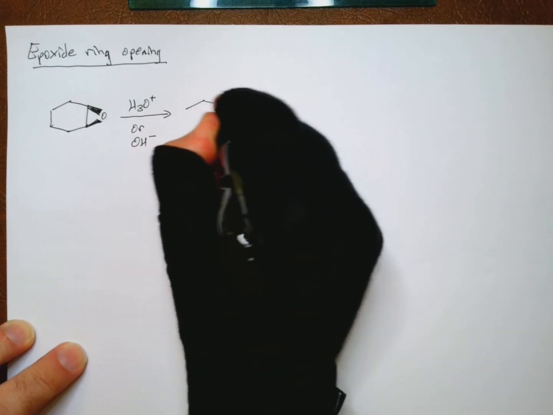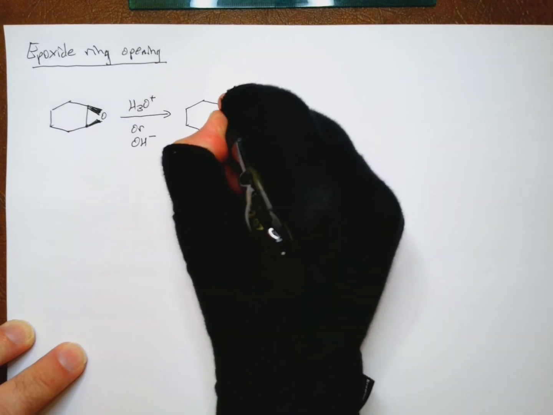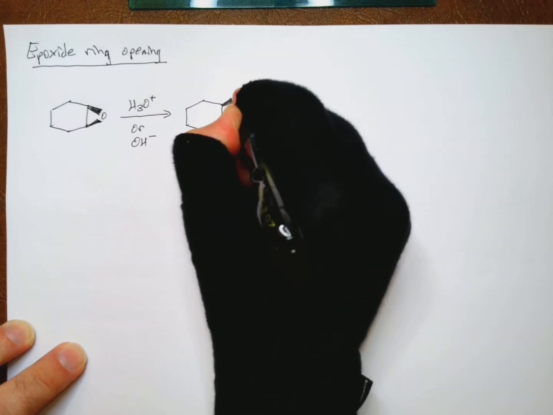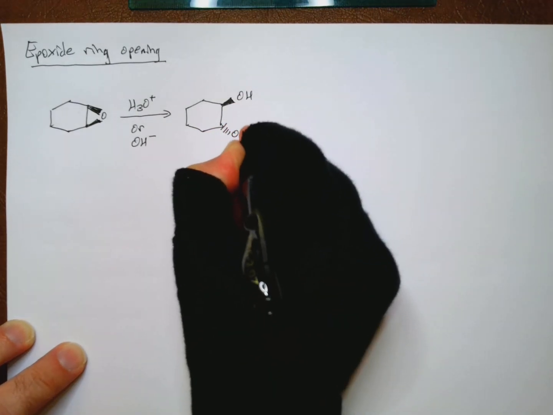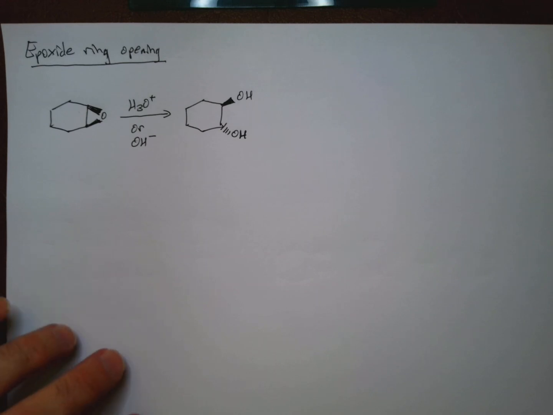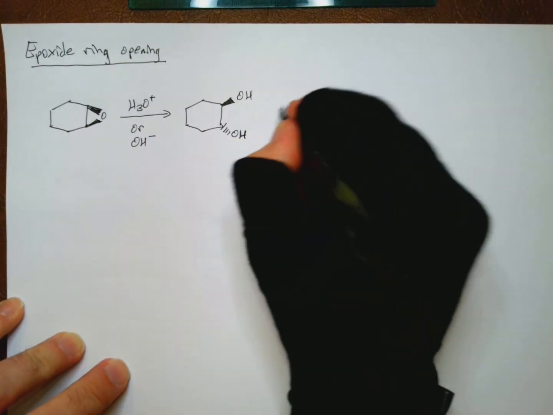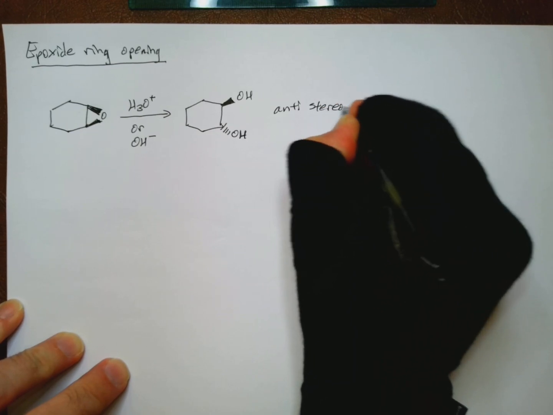And we will end up getting now the following dihydroxy species. So now we've done our hydroxylation. Notice that this is anti-stereochemistry.